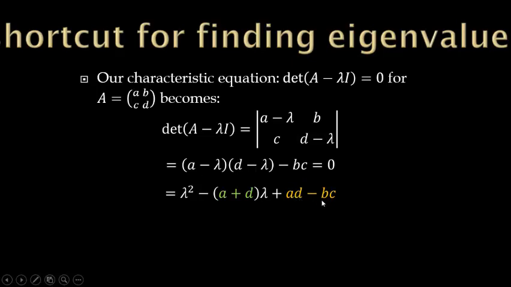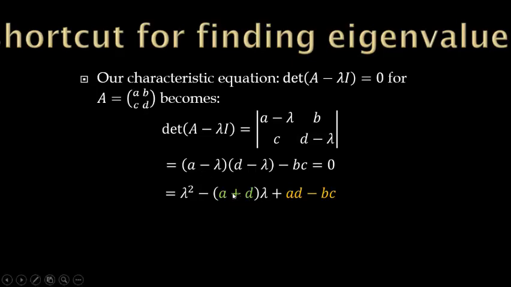Already I have some of this color-coded. Ad minus bc you might recognize as the determinant of the 2 by 2 coefficient matrix. That's totally right. A plus d, I don't think you've heard this before, we call that the trace. If you look at A and you add the values in the main diagonal, a plus d, we call that the trace of the matrix. There is probably a button on your calculator for that. You just probably haven't encountered it before.